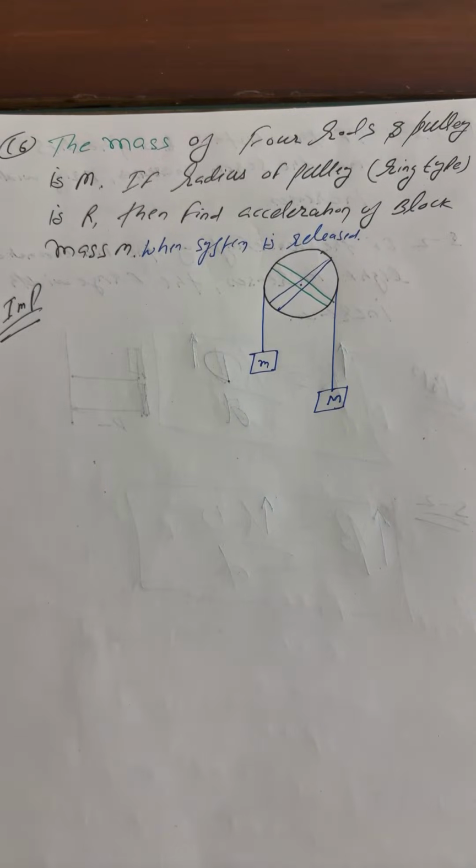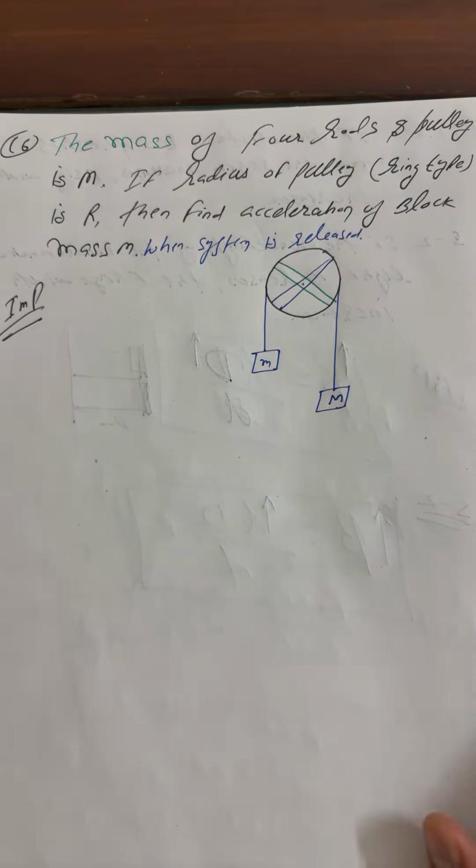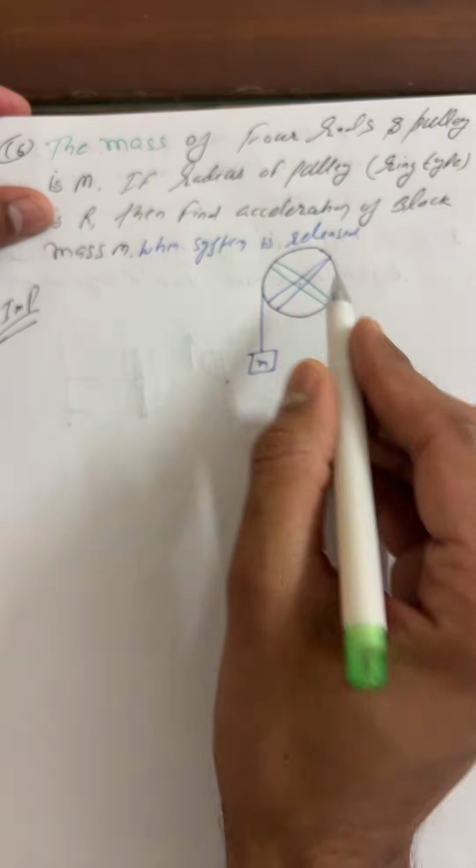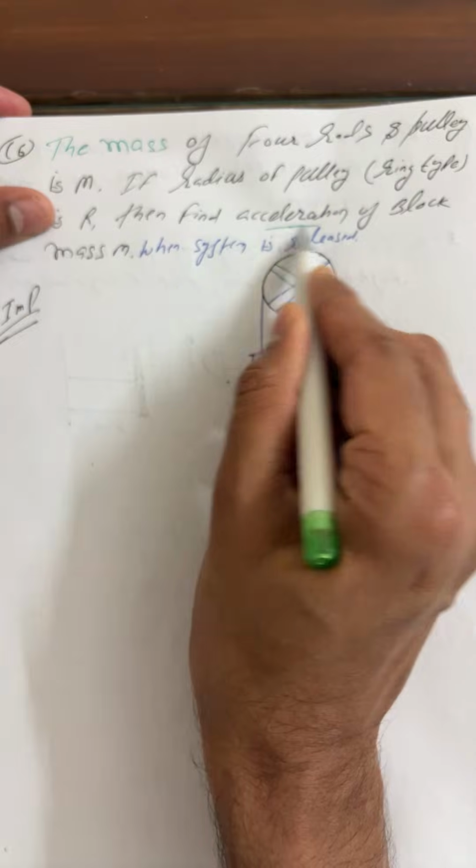Now, for this question there is some formula. This question is also mentioned in many books as well, but I don't want to name any books. So what is the formula for this question? We wish to find acceleration.